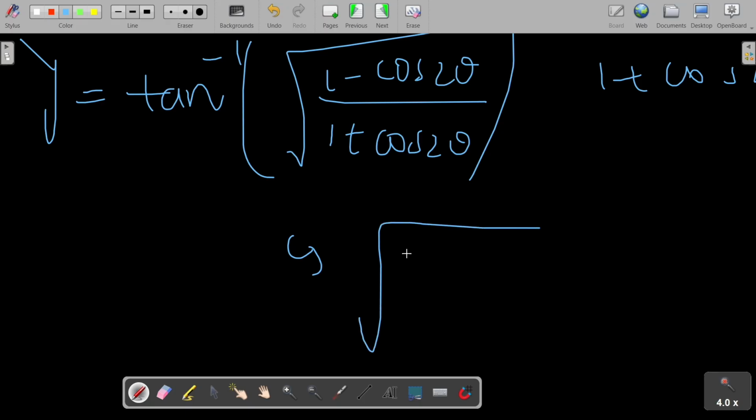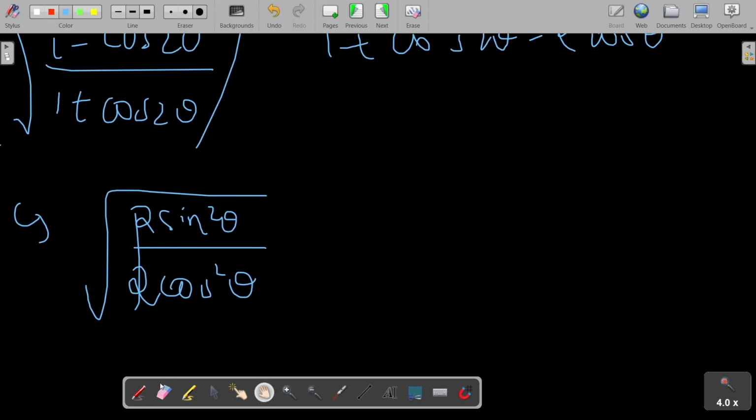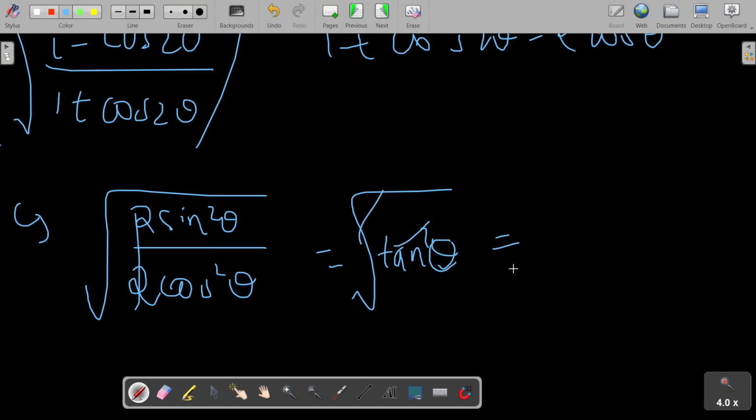So this becomes 2 sine squared theta over 2 cos squared theta. The two 2's get cancelled, and I'm left with sine square theta over cos square theta, which is tan square theta. The square and the square root get cancelled, and I'm left with simple tan theta.